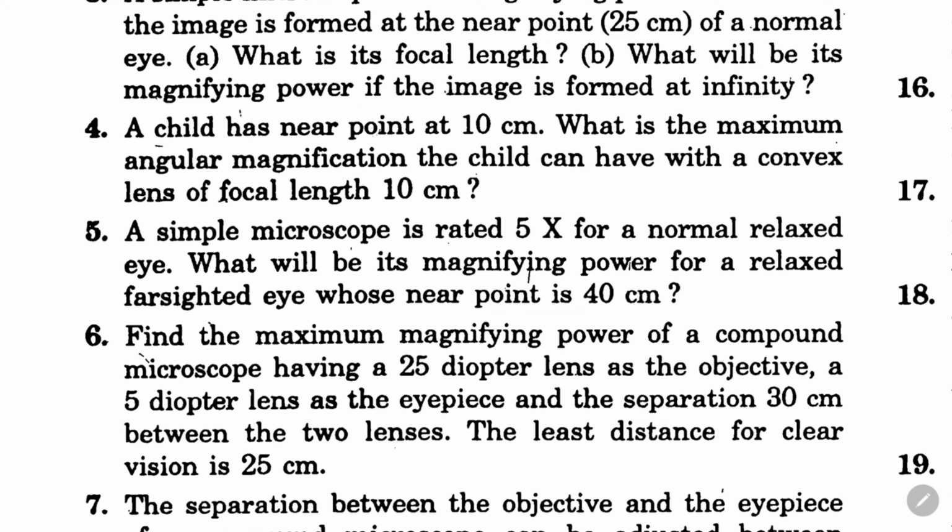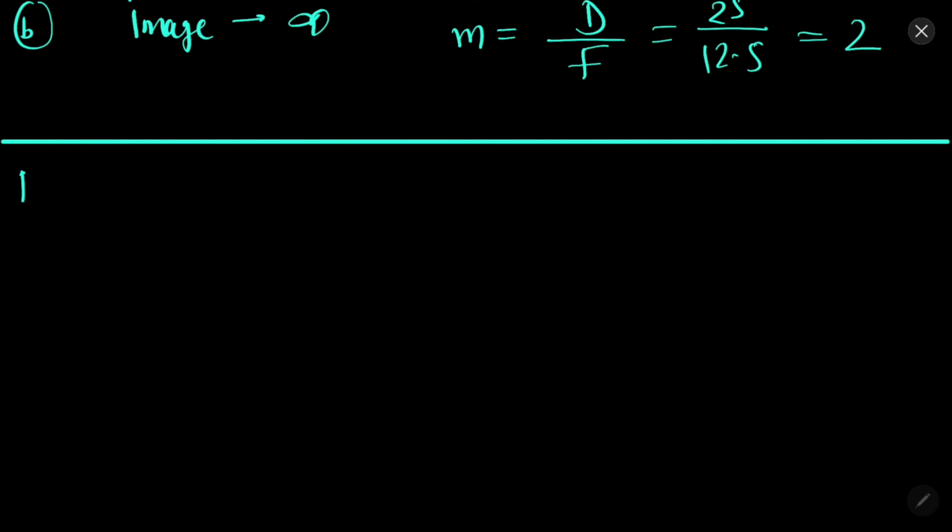In the fourth question we have a child who has a near point at 10 centimeter. What is the maximum angular magnification the child can have with a convex lens of focal length 10 centimeter? So the fourth one. What do we have?